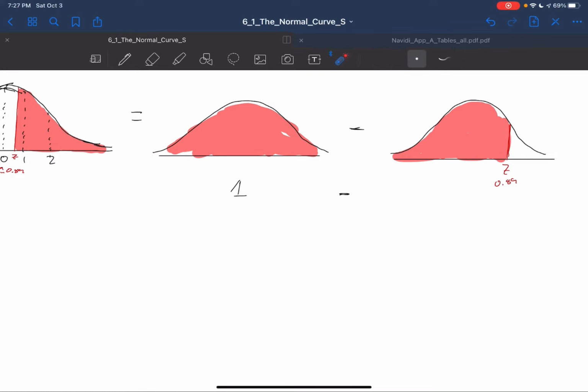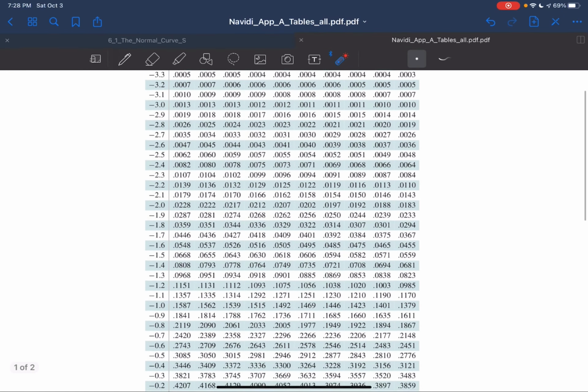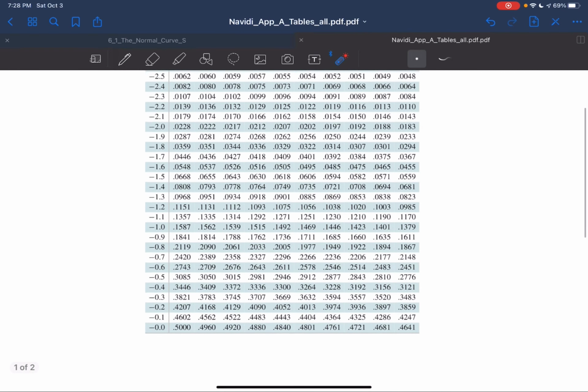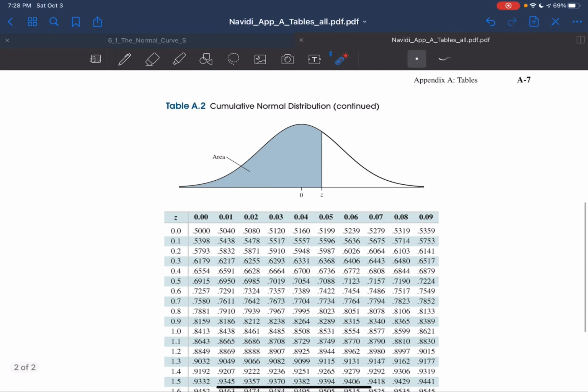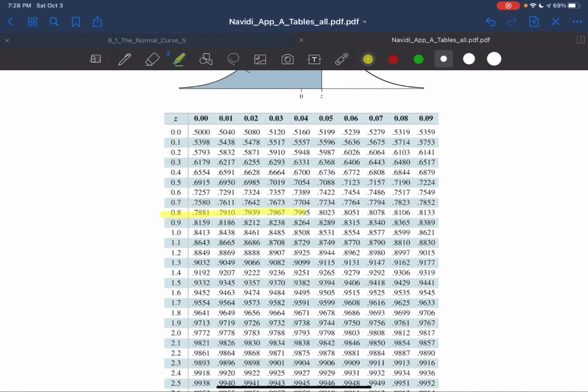Do we know the area underneath to the left of the z value? Yeah, we could use the table. So here, if we look at 0.89, so look at 0.8, which is here, 0.8.